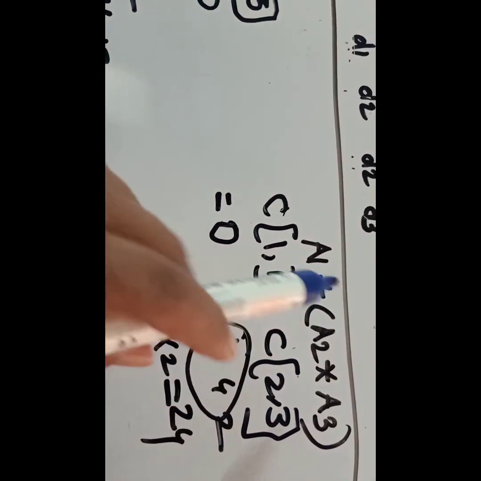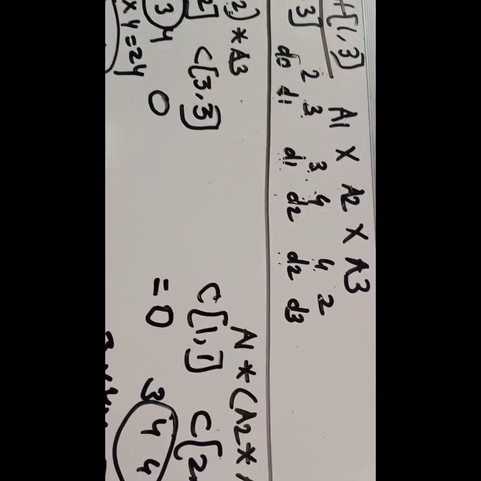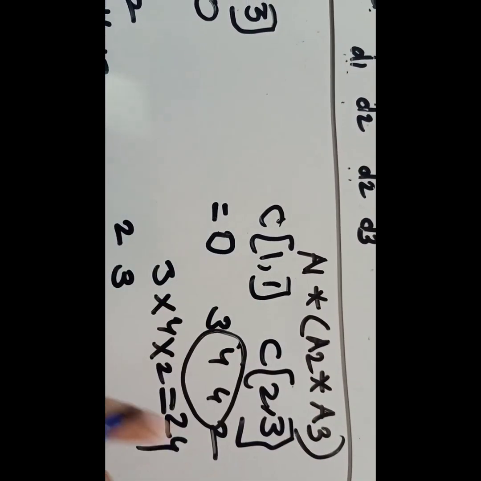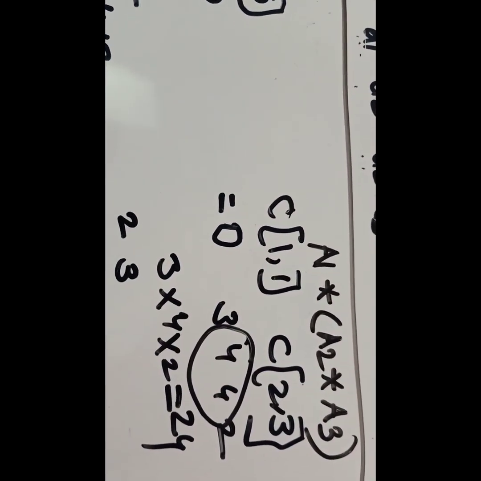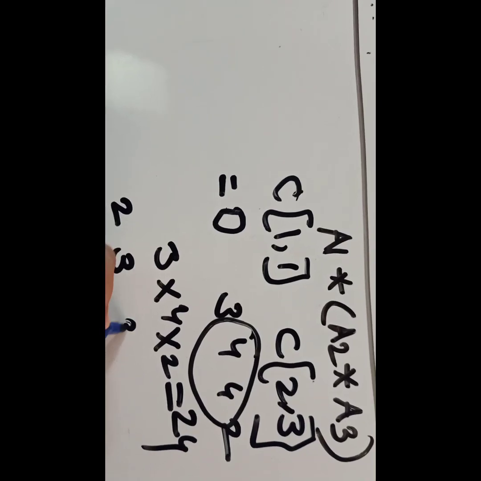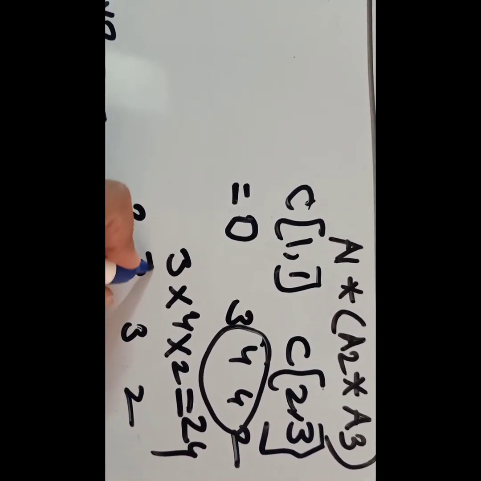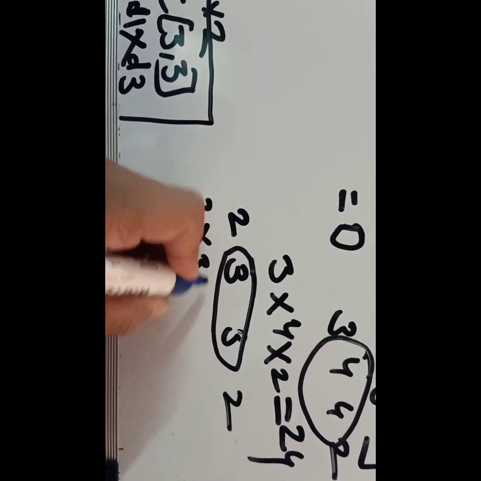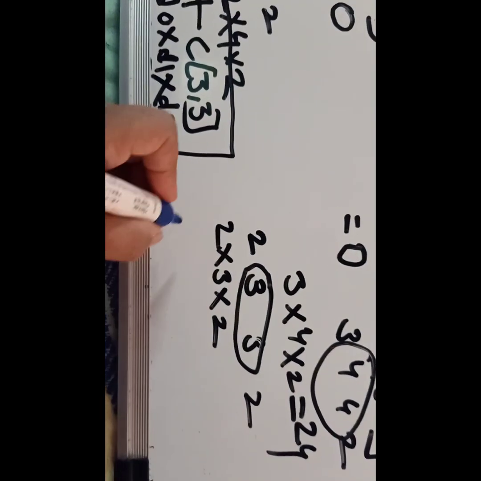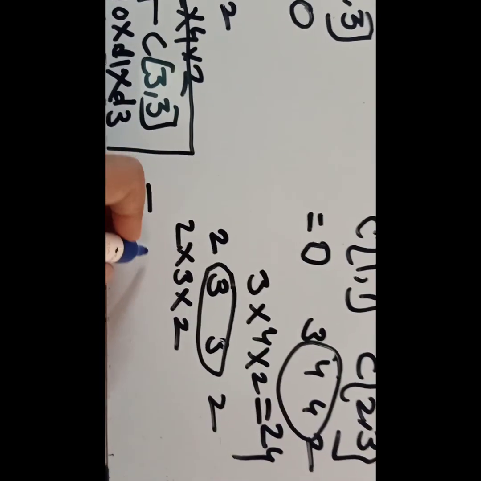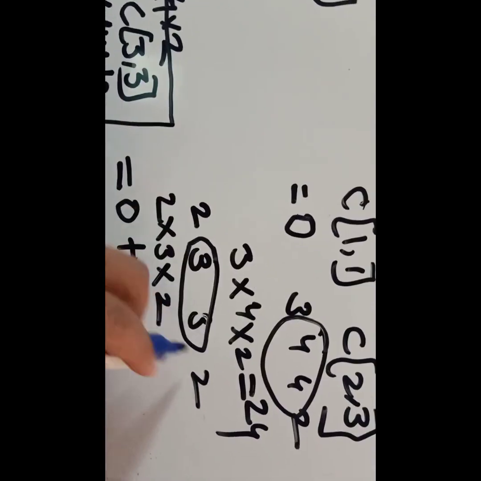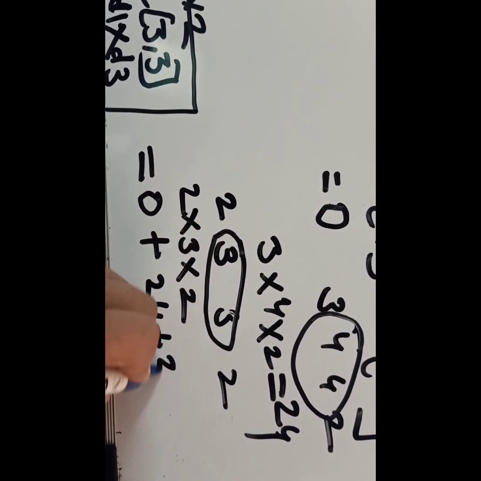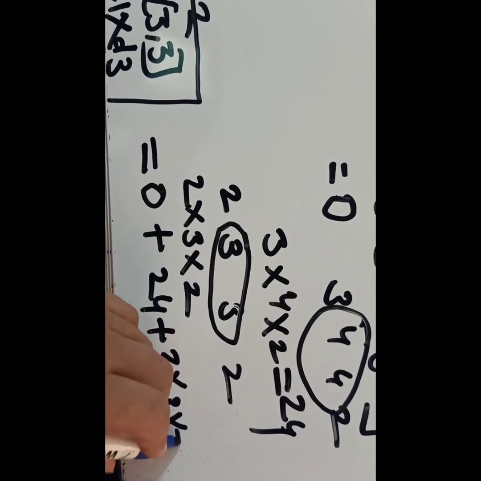And then the A1 dimensions are 2, 3, and this resultant matrix dimensions are 3 and 2. We have already seen how this 3 is common, it will be 2, 3 into 2. So can I say all together we will make addition of 0 plus 24 plus 2 into 3 into 2.